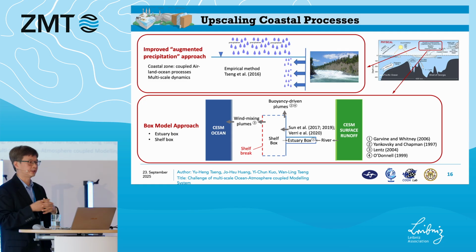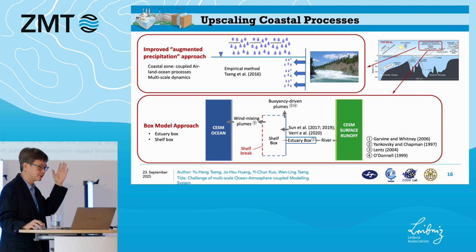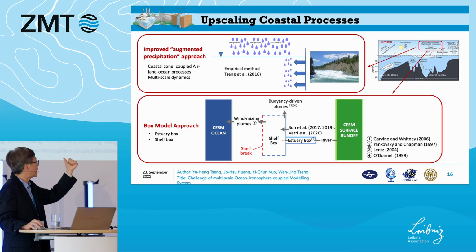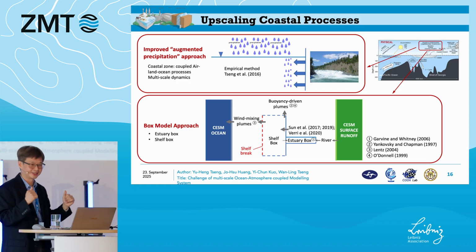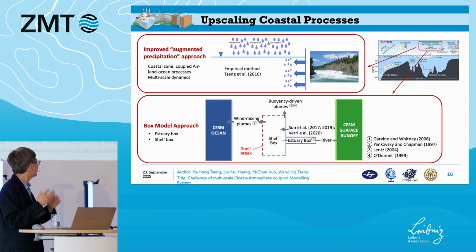Like this morning, the speaker talked about the estuary box model. After we have the surface runoff, how this runoff will move into the ocean is the state of the art at this moment for the Earth system model.